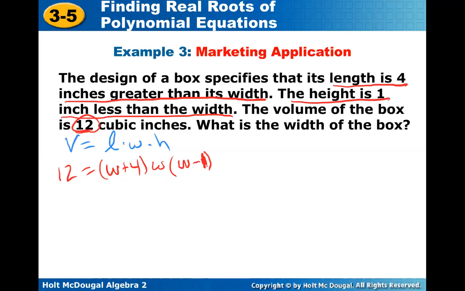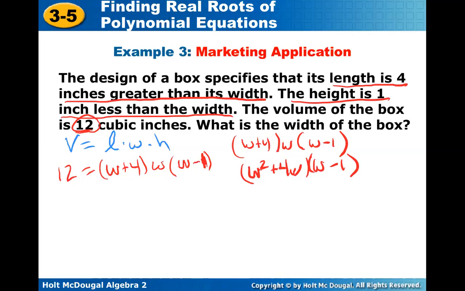And we're going to have to multiply things out. So we'd have W plus 4 times W. That would be W squared plus 4W, and that's just the distributive property, guys. Times W minus 1. Could I use FOIL to multiply these two? Certainly could.